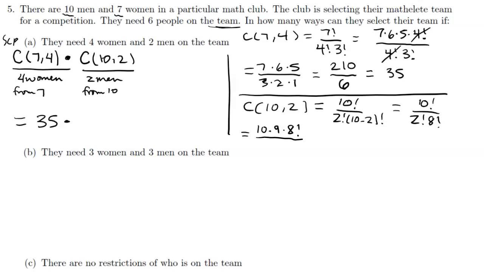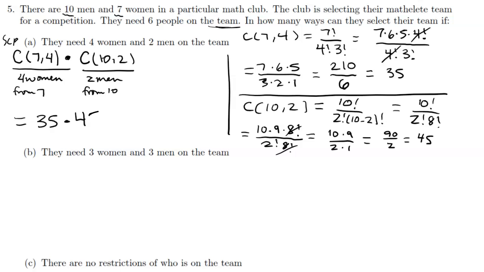Put a factorial on 8 since it's in the bottom. And cancel those 8 factorials, so we're left with 10 times 9 all over 2 times 1. That's 2 factorial. So 10 times 9 is 90. Over 2 is going to be 45.